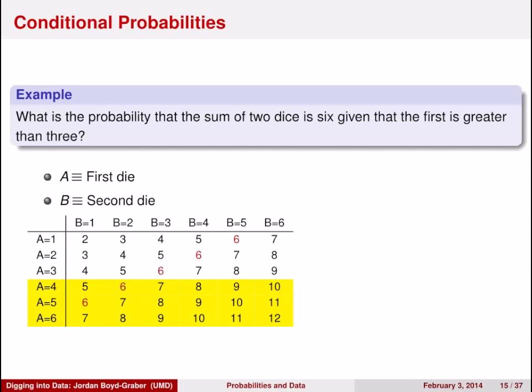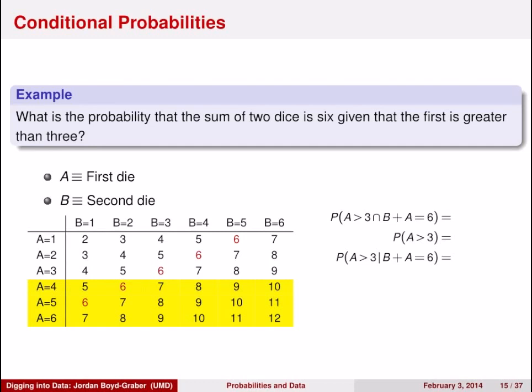Given our formula for conditional probability, we now need to compute two probabilities: the probability of the intersection of these two events and the probability of the thing that we are conditioning on, in this case, the probability that the first die is greater than 3. So let's go through each of these. The probability of A being greater than 3 and the sum of the two dice being 6 is simple.